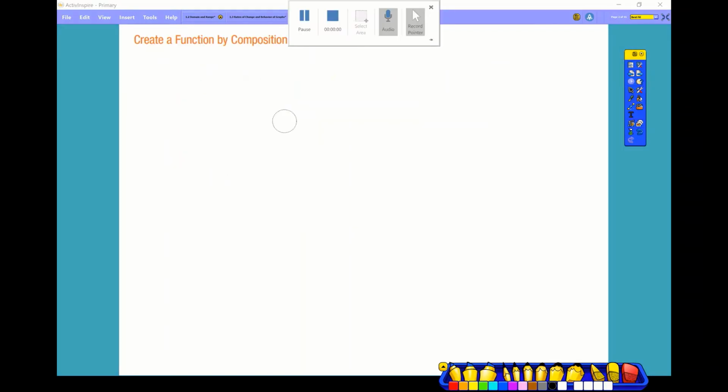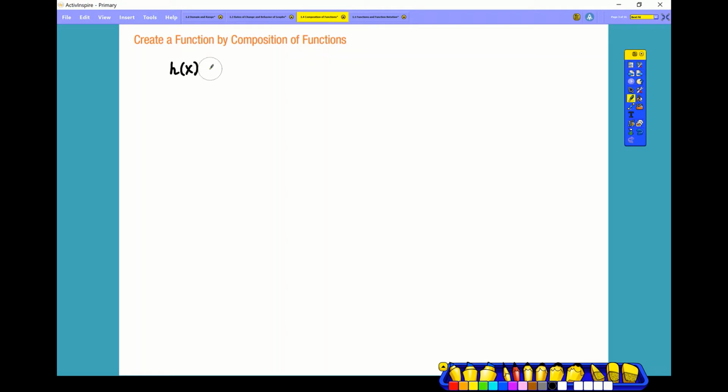Create a function by composition of functions. So what that means is we can create a brand new function. Let me call it h of x, and we're going to call that f of g of x.